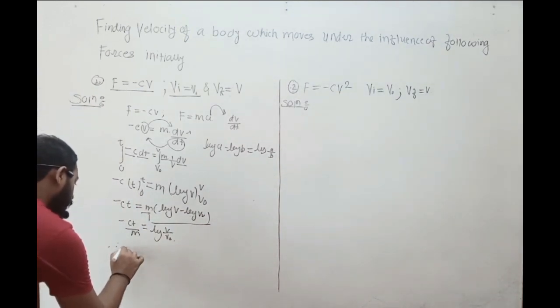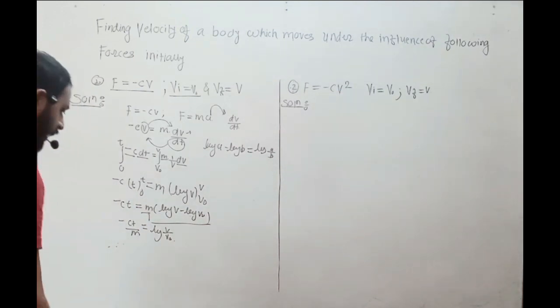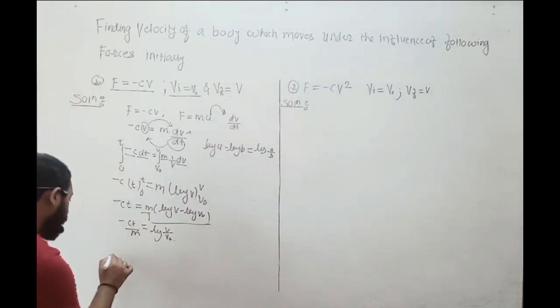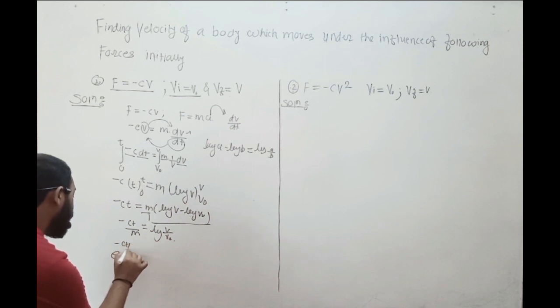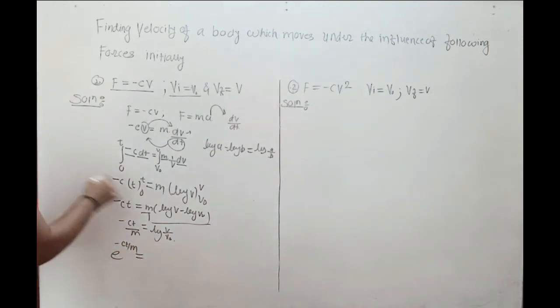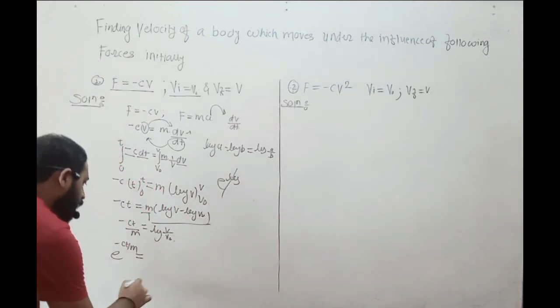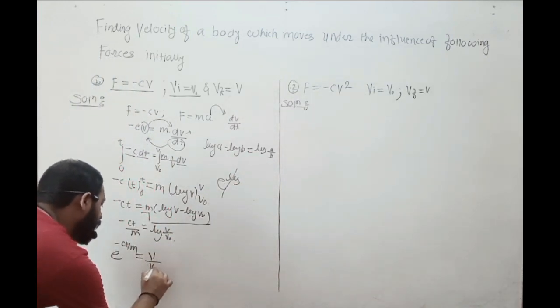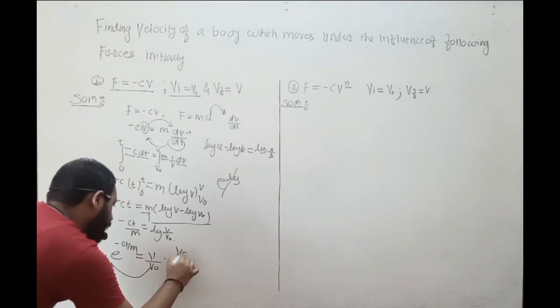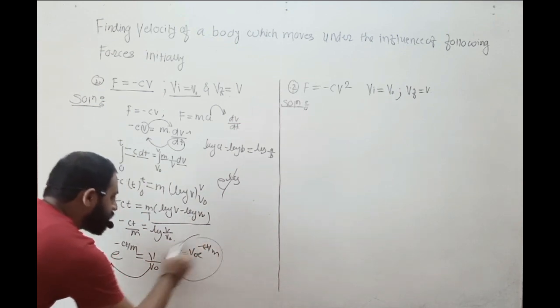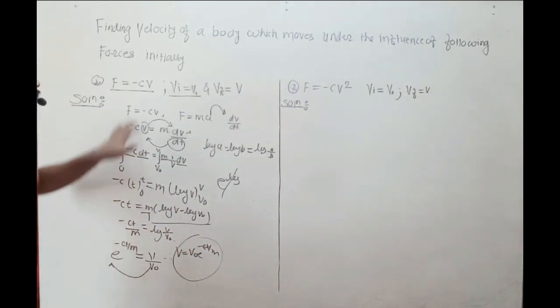If I take the exponential on both sides, that is e power minus ct by m, e and log get cancelled. Therefore, v by v0 equals e power minus ct by m. Now shift this v0 to the left hand side. Therefore, v equals v0 e power minus ct by m. This is your velocity for this given force.